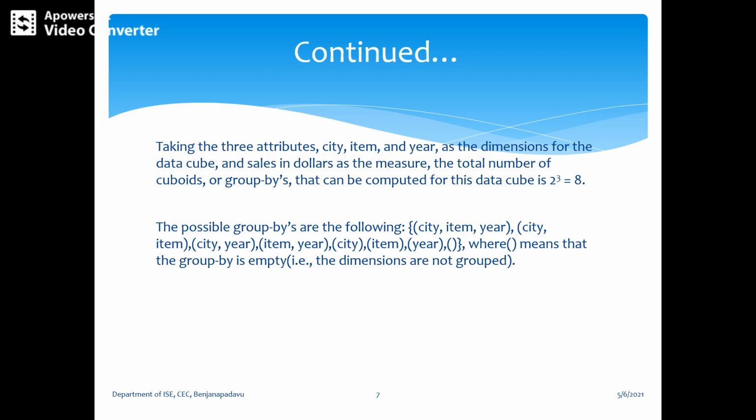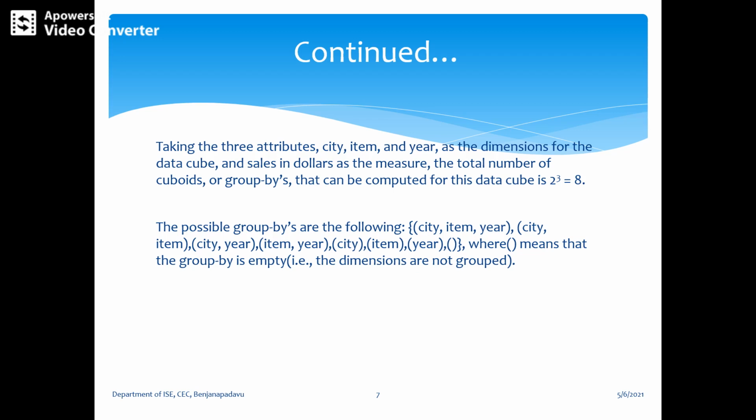We compute the sum of sales group by city and item, group by city, group by item, and so on. So what is the total number of group bys that can be computed for this data cube? With three attributes, it is 2 to the power 3.